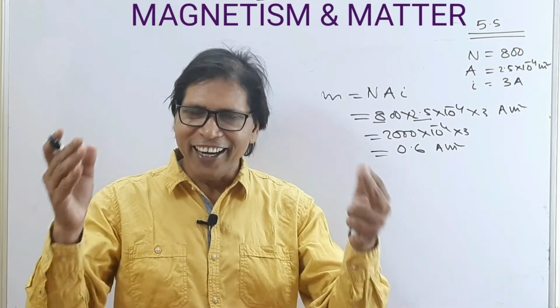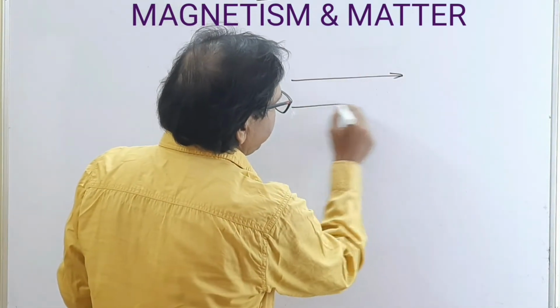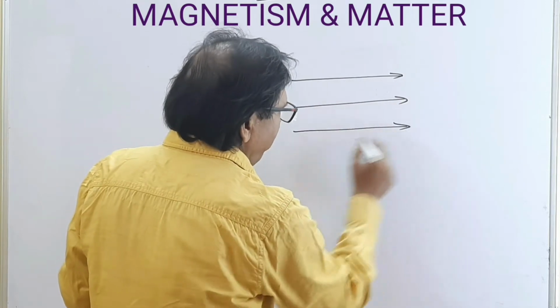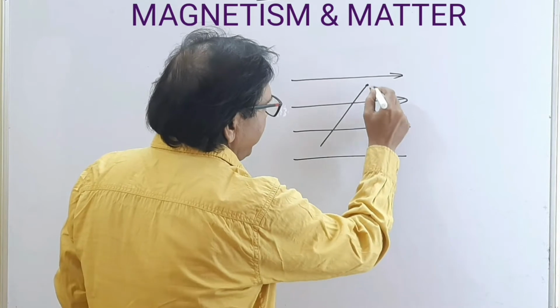Okay, now next. Force and torque on a dipole in a uniform and non-uniform magnetic field. Suppose this is a uniform magnetic field B, and here a magnet with N pole and S pole is placed.